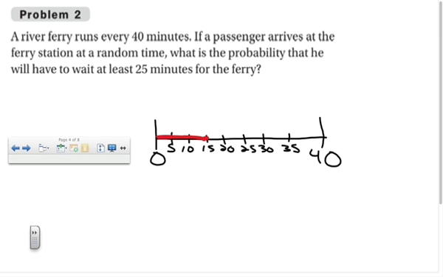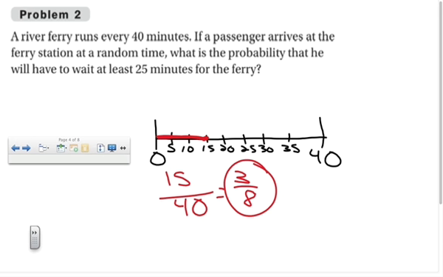If he arrives any time before that, in this 40-minute window, he's waiting more than that. So now it's just a matter of the desired region, whose length is 15, over the entire 40. And we reduce to 3/8.